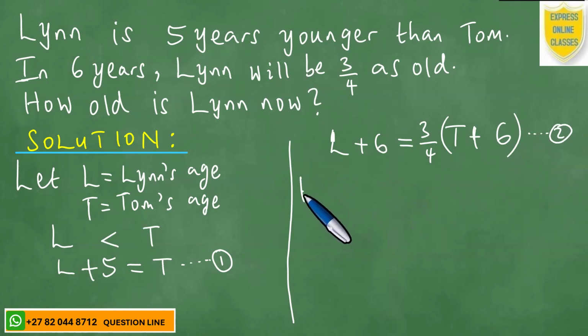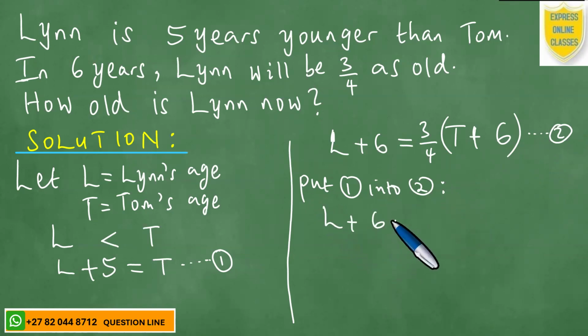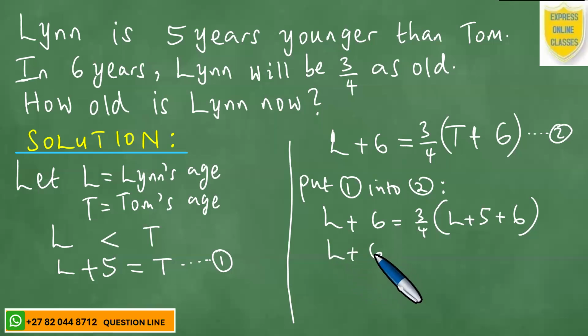So what you can do is put 1 into 2. If you do, you have Lynn's age plus 6 equals 3/4 of T plus 6, and T is L plus 5, so that is 3/4 of L plus 5 plus 6, which is L plus 11.